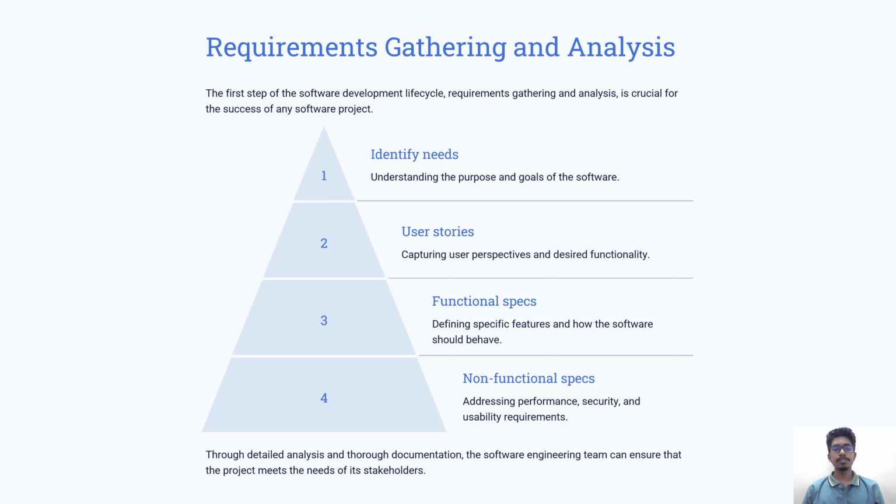The second step, user stories, capturing user perspective and desired functionalities. Functional specs, defining specific features and how the software should behave. The non-functional specs, addressing performance, security, and usability requirements. Through detailed analysis and documentation, the software engineering team can ensure that the project meets the needs of its stakeholders.